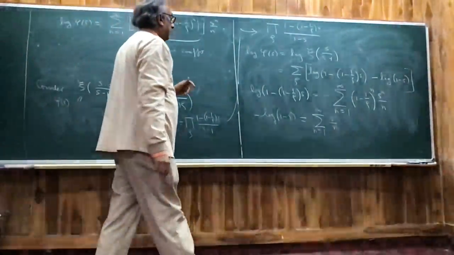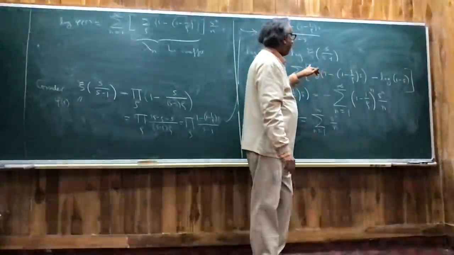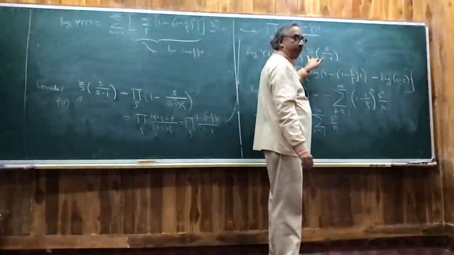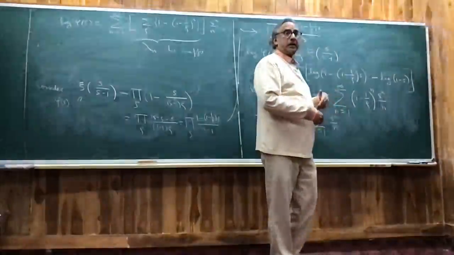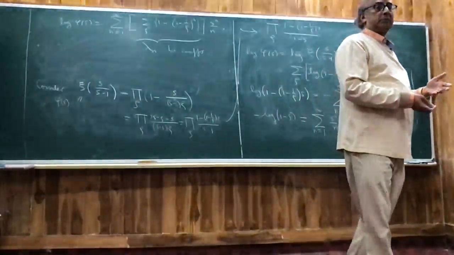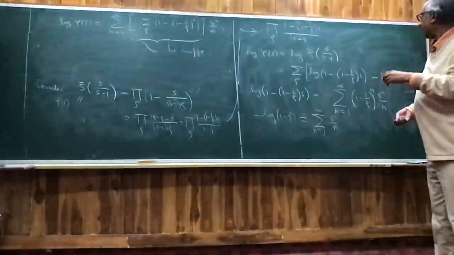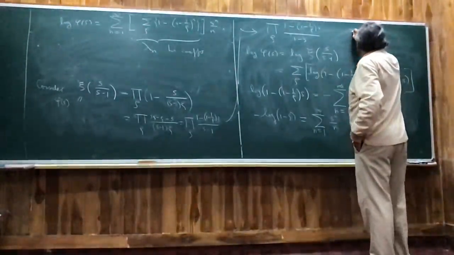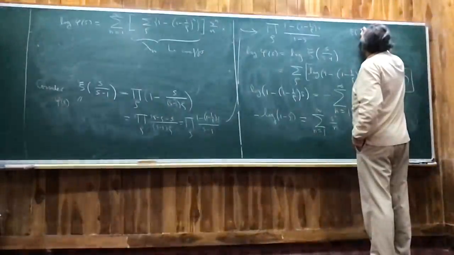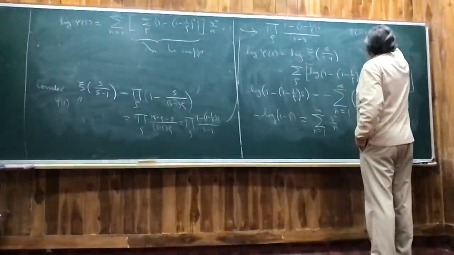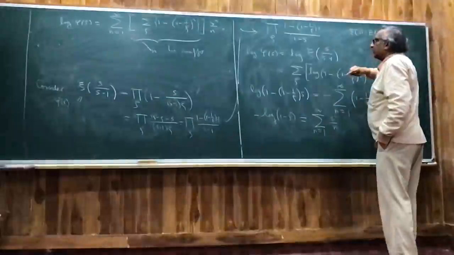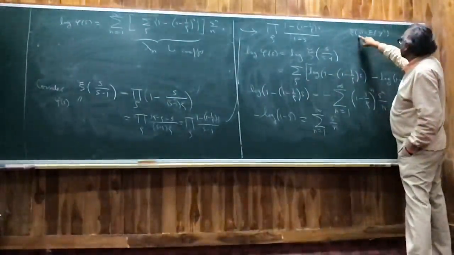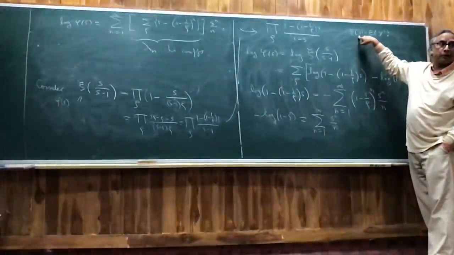And because I said that C of S has a probabilistic interpretation, I told you that C of S is equal to the expectation of Y to the S. Since I'm running out of time, I'll just mention what I'm going to do tomorrow.